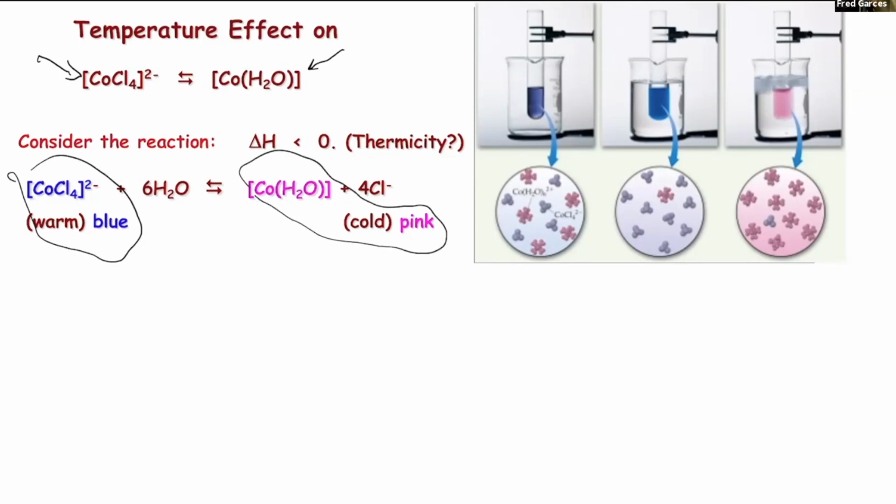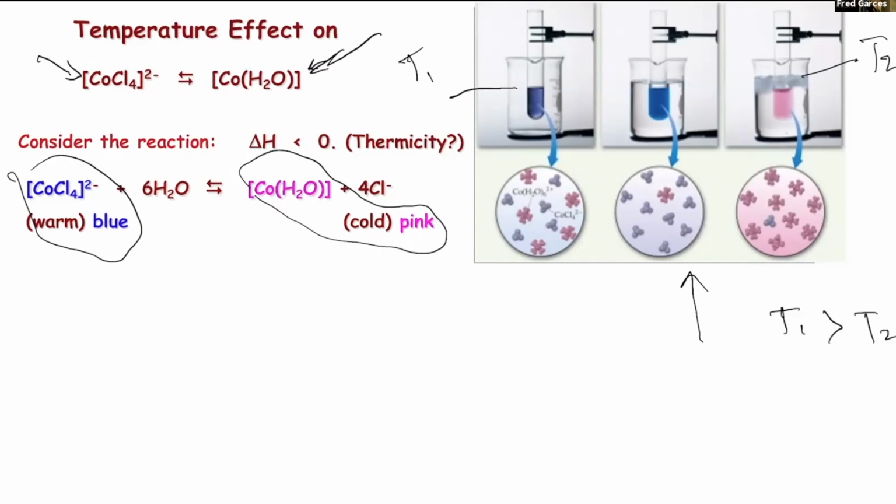And the question here is, is this reaction as written an endothermic process or an exothermic process? Look at this drawing. In this drawing, this is warm, T1, and this is cool, T2. So we can say that T1 is greater than T2.